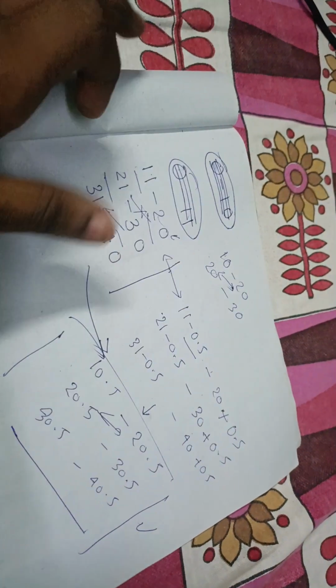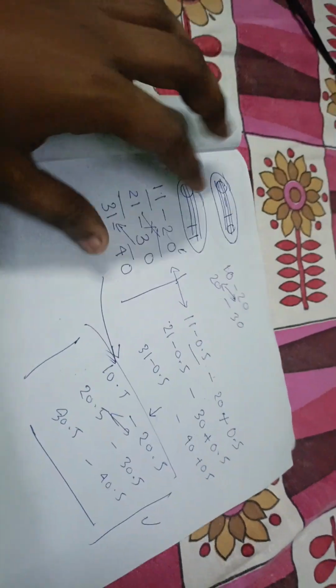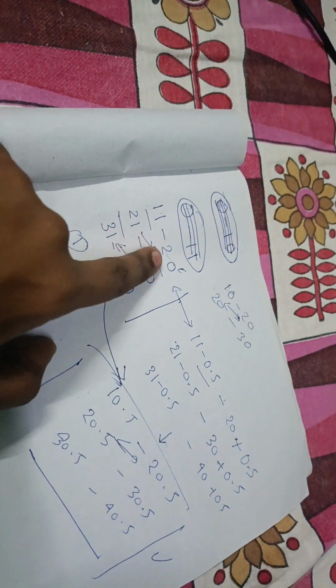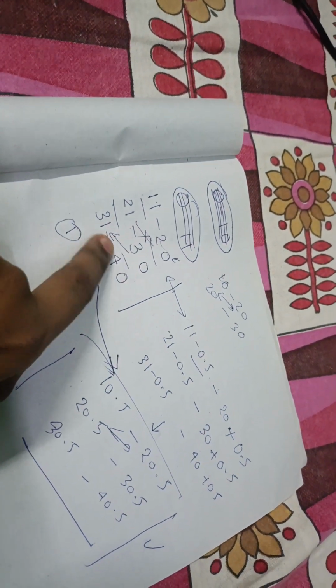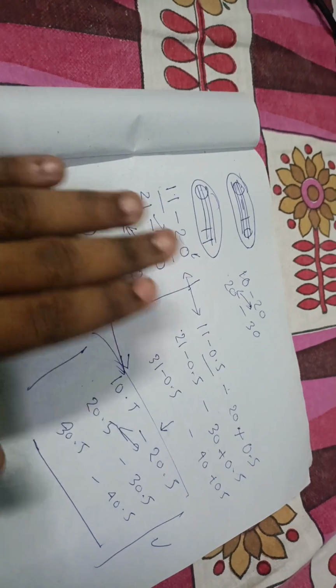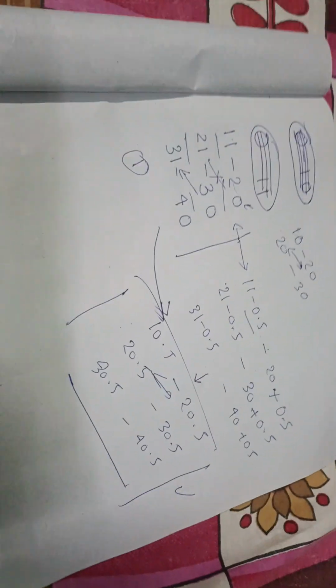If there is a mean, median, mode problem and a non-continuous series is given, not with these numbers, it can be 50, 60, 70, 80, then we first make it a continuous series, and then we solve it. Okay, I hope you got it.